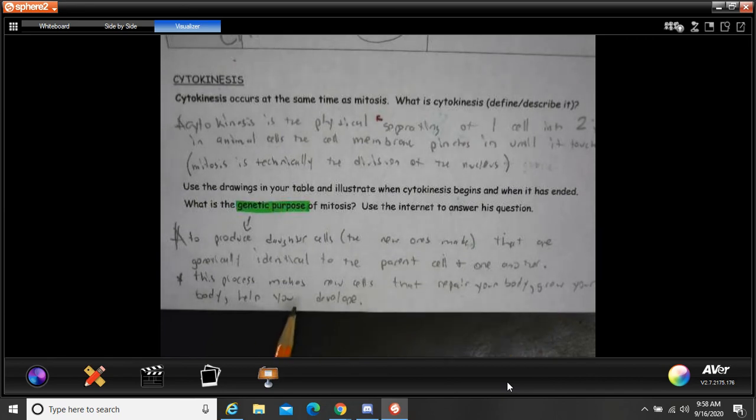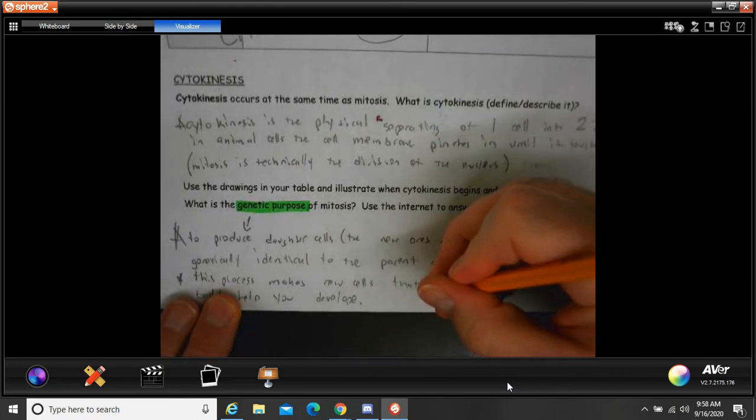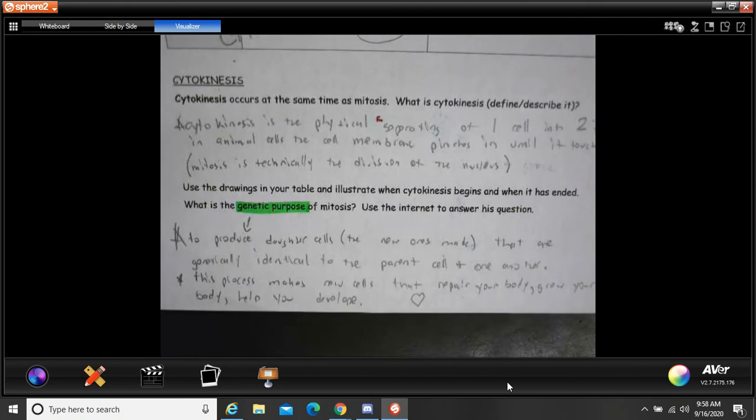Okay, and that goes in also with developing. It also goes in with replacing any damaged cells, and so on. Now, the purpose of why it's genetic material is that if you're doing a reparation, so let's say I hurt my heart, that's not an anatomically correct heart.